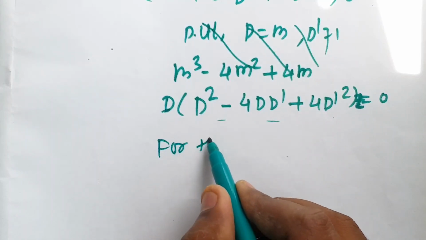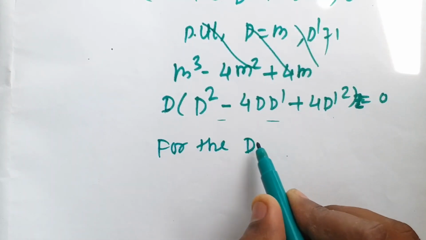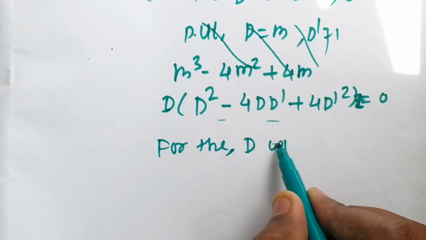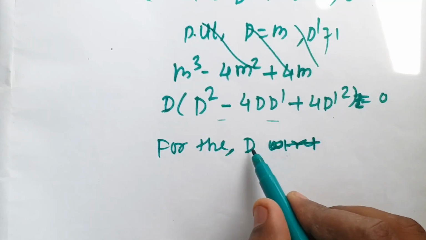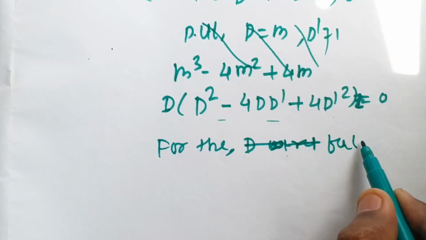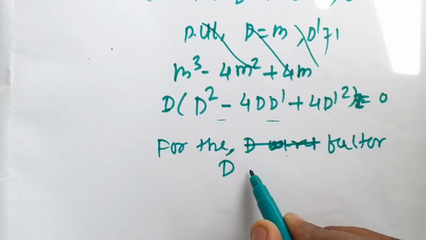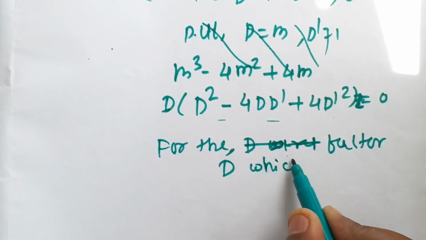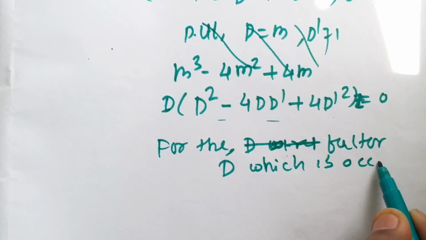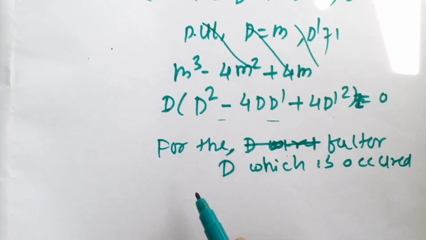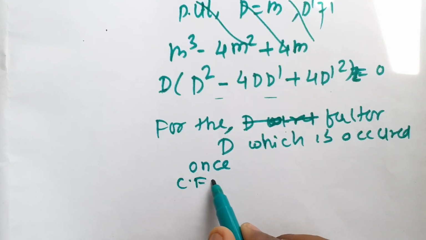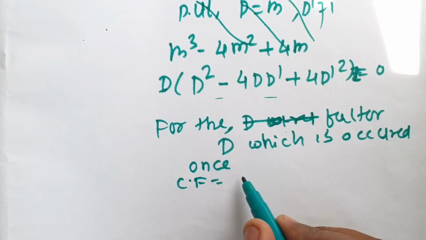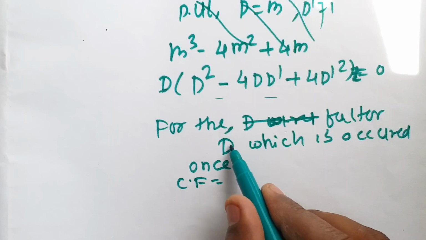For the factor D, which occurred once, CF is, it is derivative with respect to x.